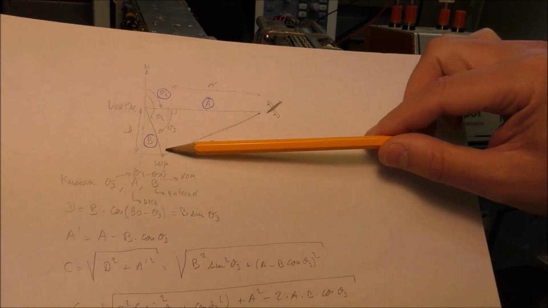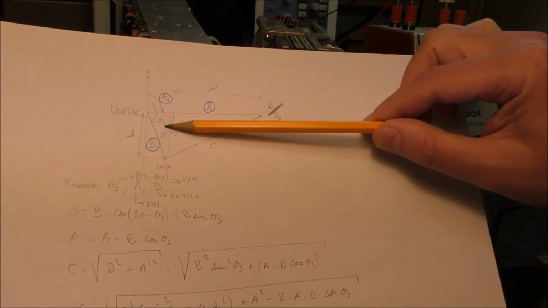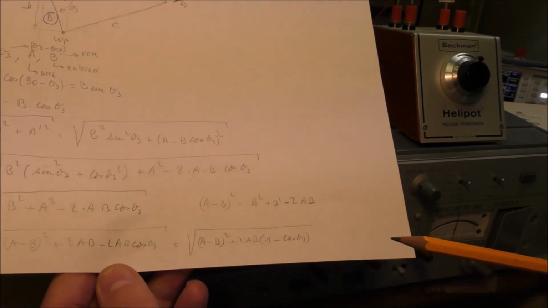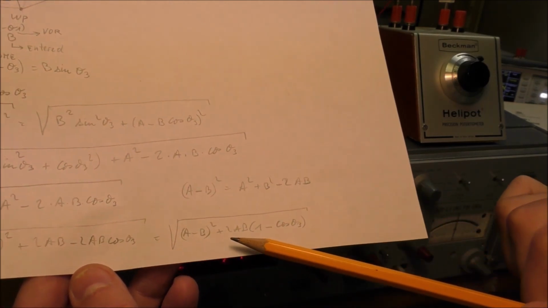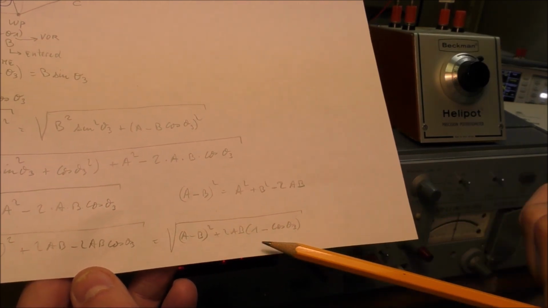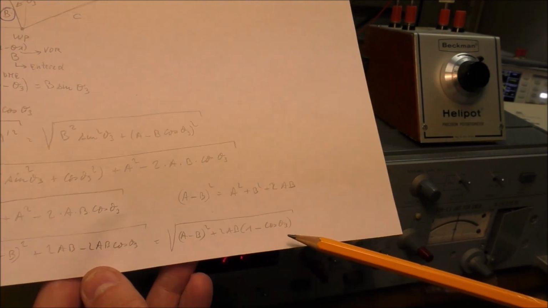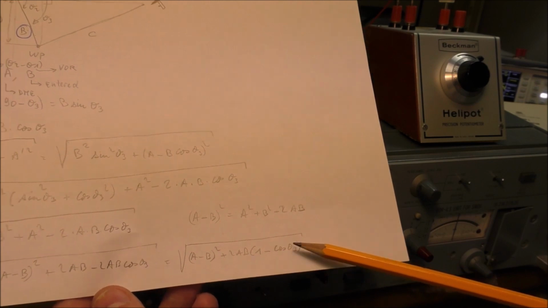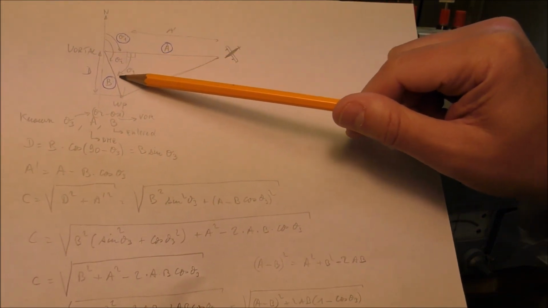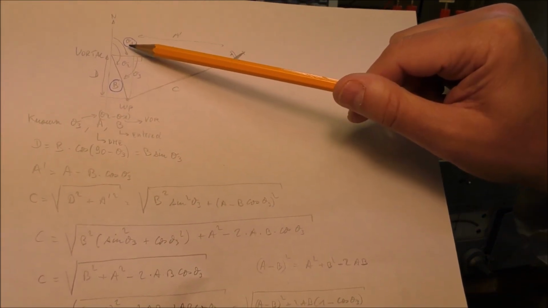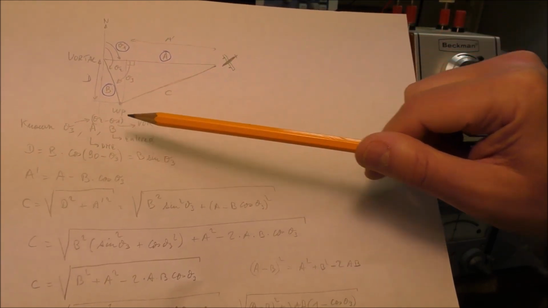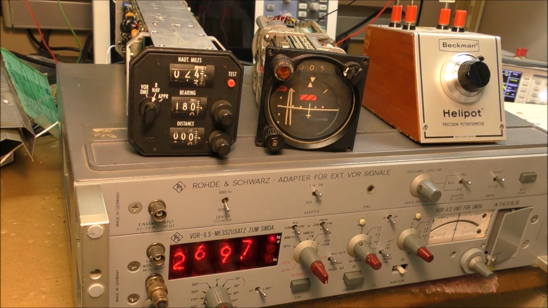You can measure that distance here, D, and after that it is possible to calculate the distance C, so the result is here. This is the square root of this expression, so it depends on A and B and the angle theta 3 here, which is the difference between the radial here and the second radial here. This is calculated by this instrument using analog circuits.